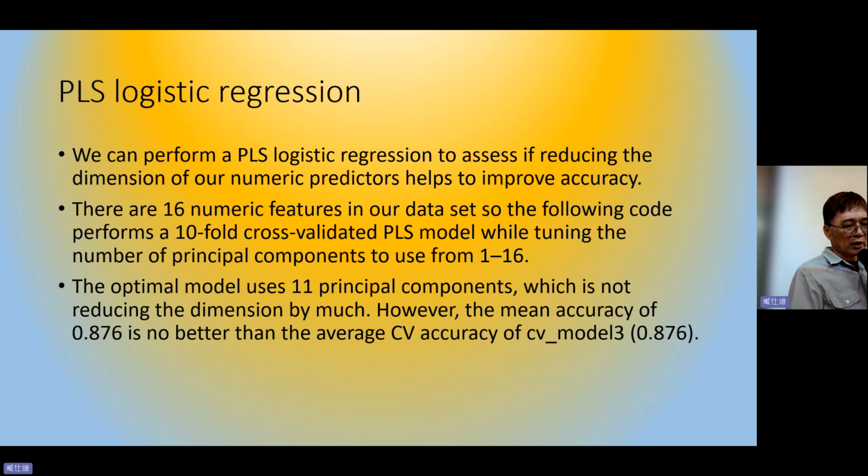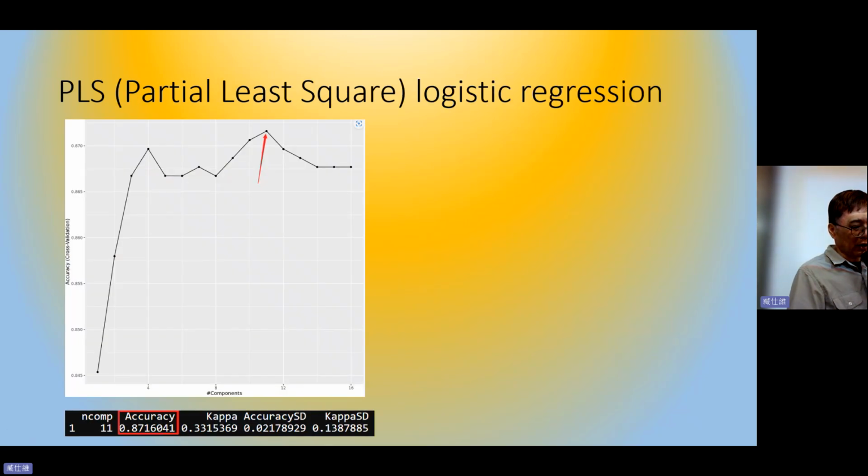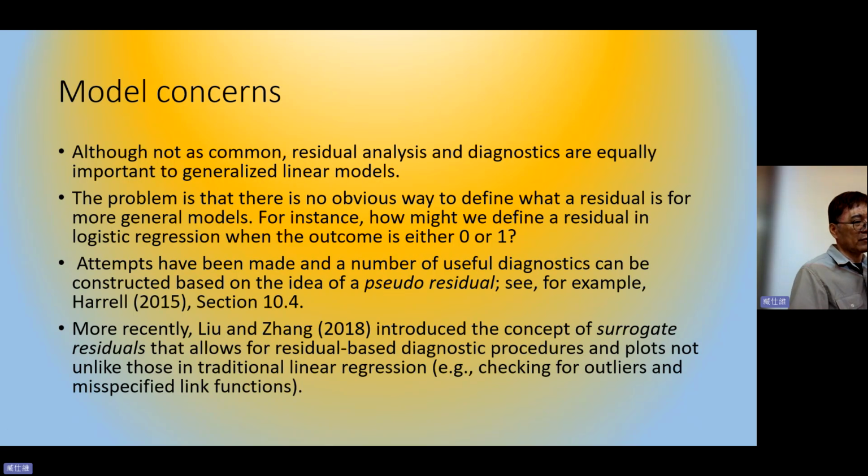In this case, we can see that the optimal number of components is 11. You can see there's a red arrow pointing here. That means we can achieve the accuracy at the maximum level with just 11 components. So this is another metric to help us determine the dimension of numeric predictors.